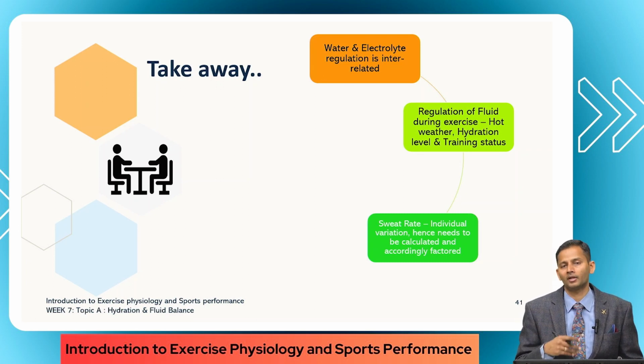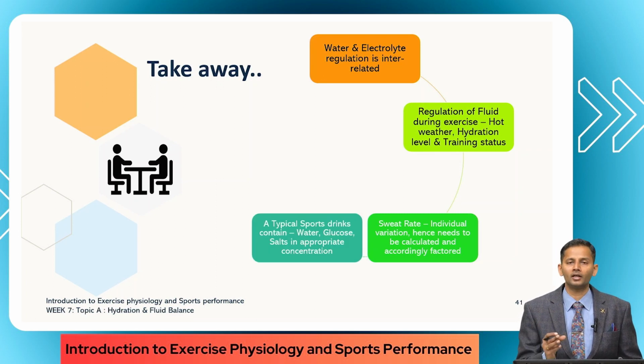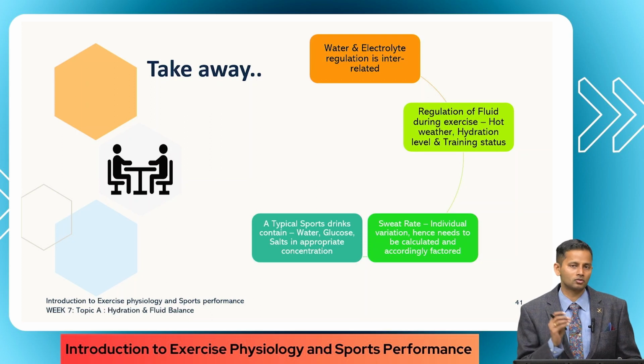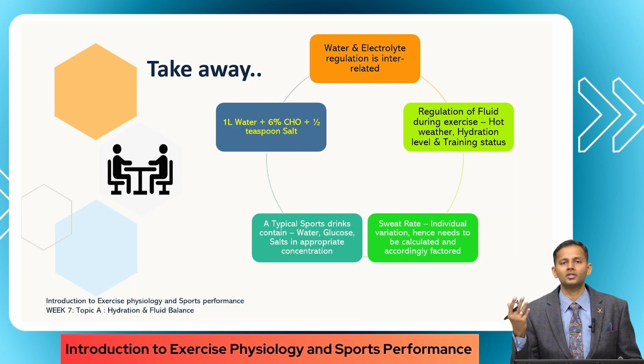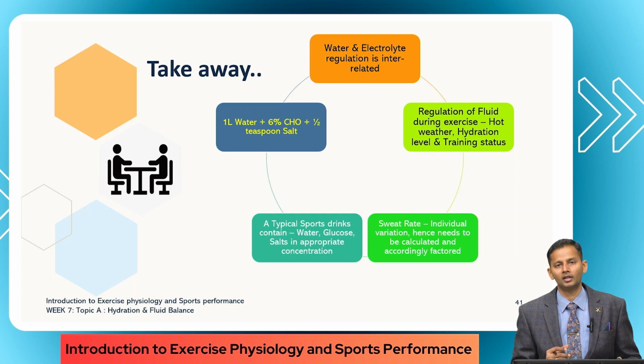Acclimation obviously will help in better conservation of electrolyte, and a typical sports drink will contain water, glucose, salt in appropriate concentration, so that the absorption is optimum. And a typical sports drink can be prepared easily at home by just adding 6 grams of glucose and half teaspoonful of common salt to 1 liter of water. That becomes your ideal sports drink.